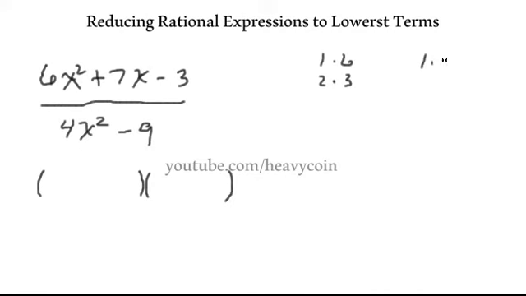That's about all we have, which is good. In other words, I can put a 1 here and a 6 here, or a 2 here and a 3 here. And what I'm going to do is go ahead and put a 2x and then a 3x. Okay, that's coming from these numbers here.